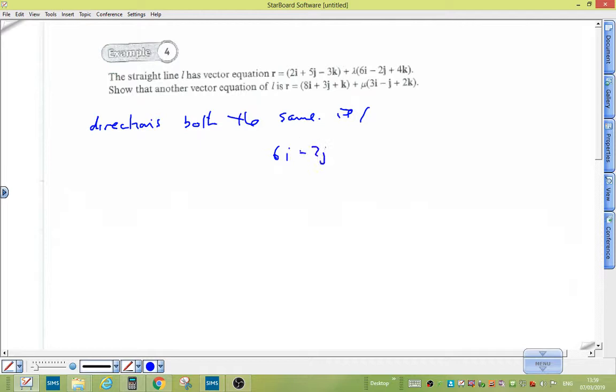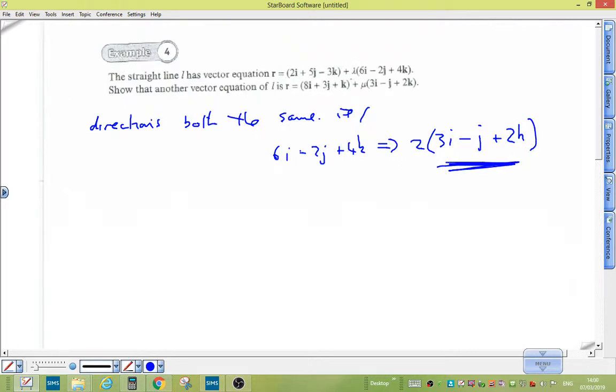6i minus 2j plus 4k implies it is 2 lots of 3i minus j plus 2k. Okay, underlined. Right.